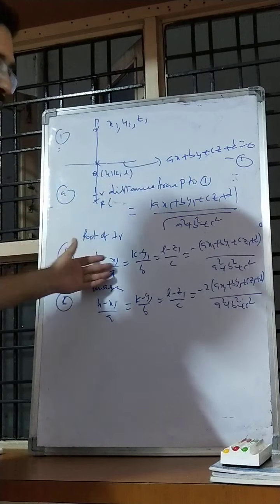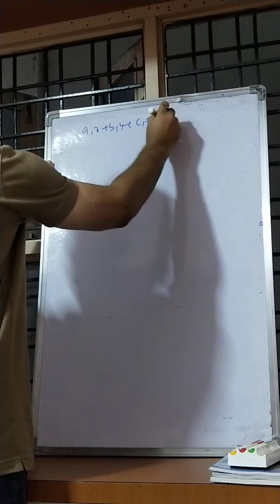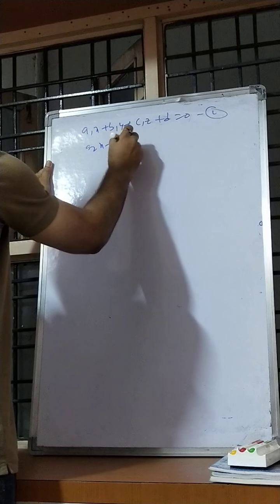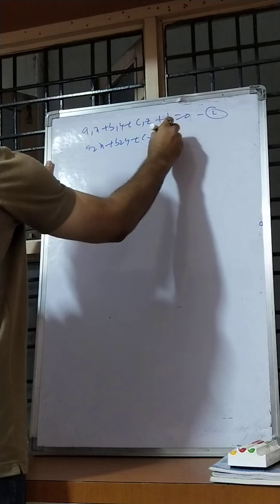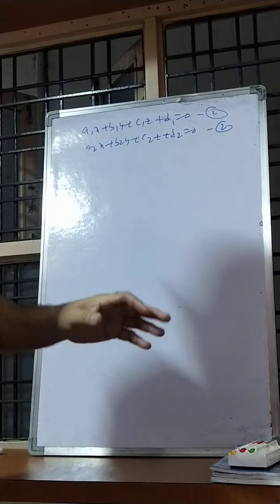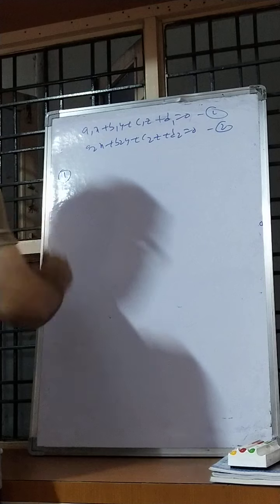suppose, see here, two planes are given. a1x + b1y + c1z + d1 = 0 is one plane, and a2x + b2y + c2z + d2 = 0 is the other plane. Two planes are given, so what type of questions will they ask? There is a possibility to ask like this.